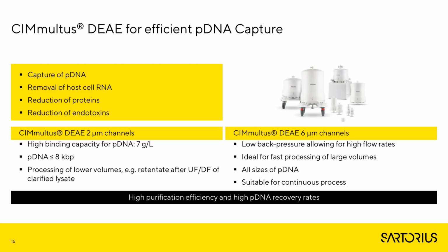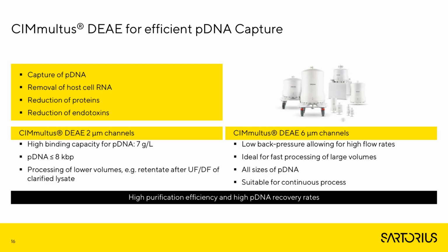The DEAE version is excellent for capture of plasmid DNA, also for removal of whole cell RNA, and I'll show an image in a minute. It significantly reduces proteins and endotoxins with a high binding capacity. 7 grams per liter is quite standard, and it comes in 2 channel size flavors, which I'm not going to go into more detail on, but depending on the size of your plasmid, we can suggest one pore size or another.